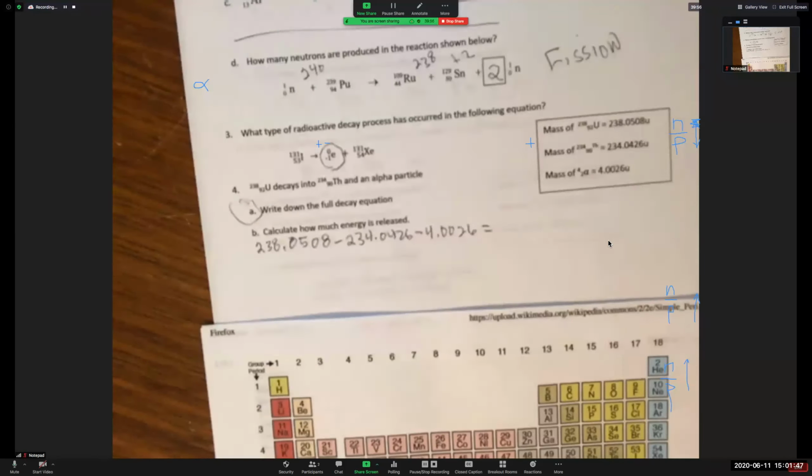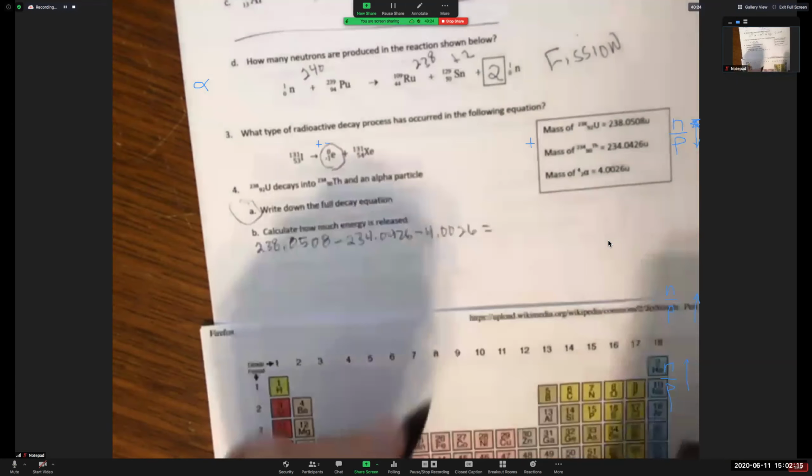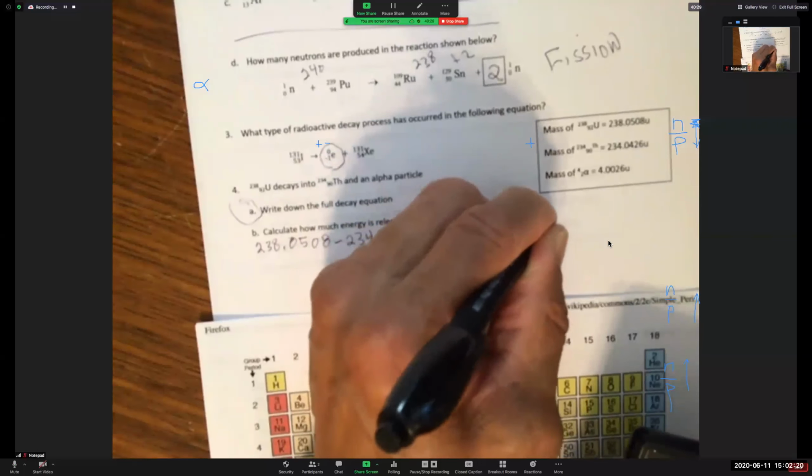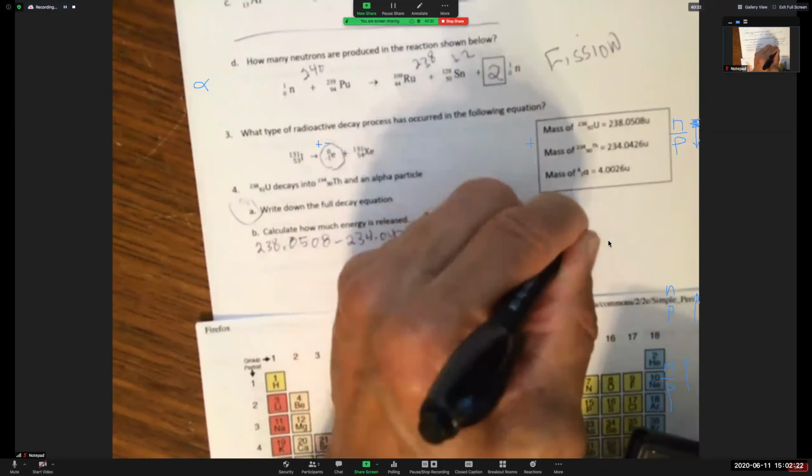I had all this worked out once before, but I'm going to have to do it again. 238.0508 minus 234.0426 minus 4.0026 equals 0.0056, and these are all AMUs.